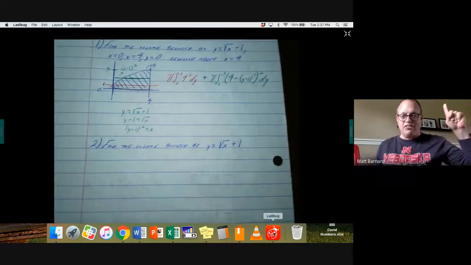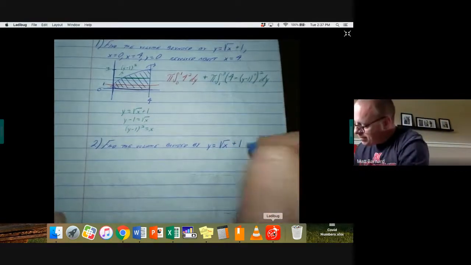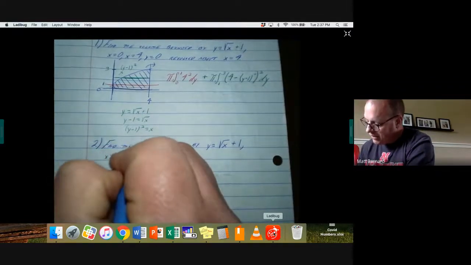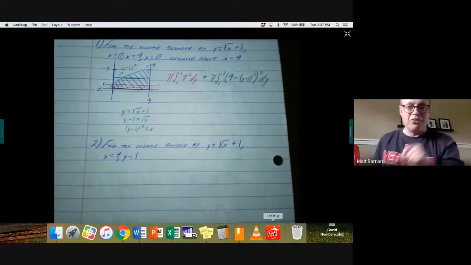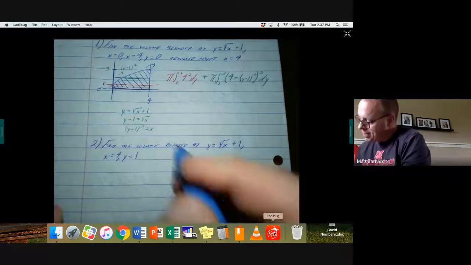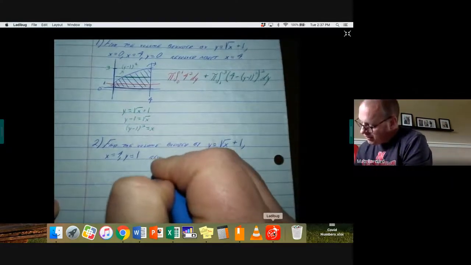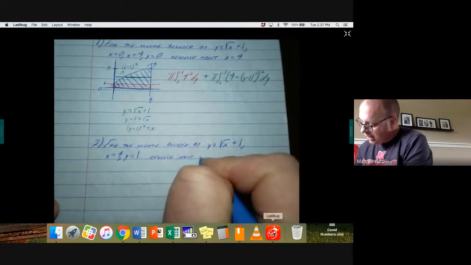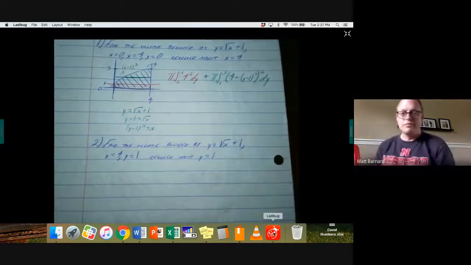The plus 1 is outside of the radical. x equals 4, y equals 1. Those are the fences. Revolved about y equals 1.